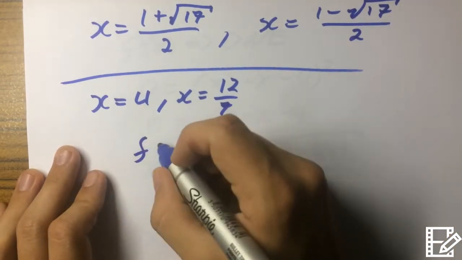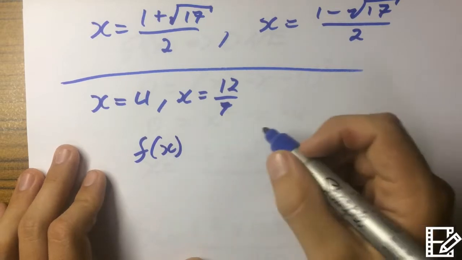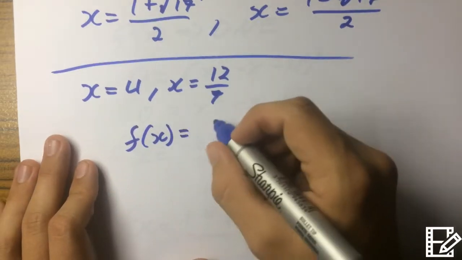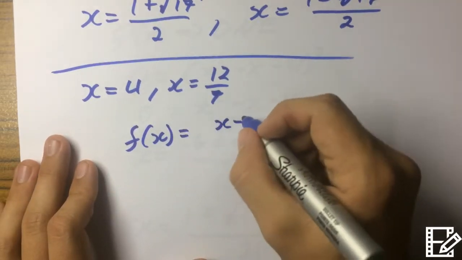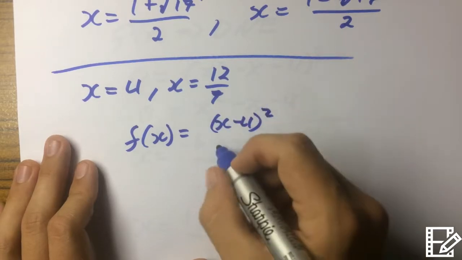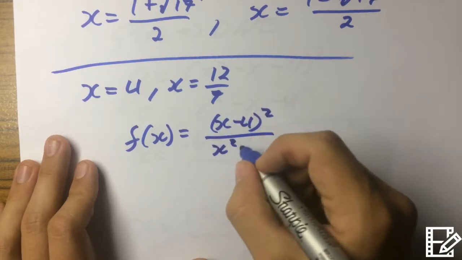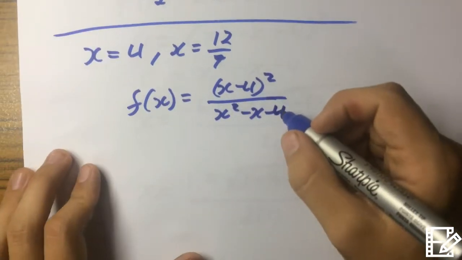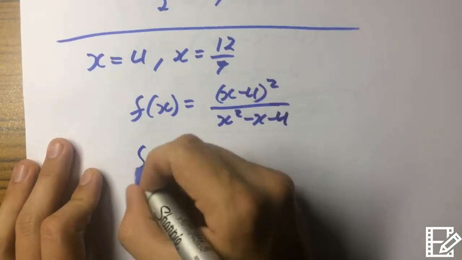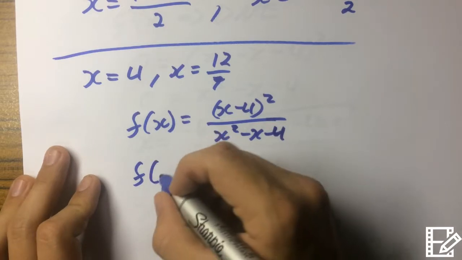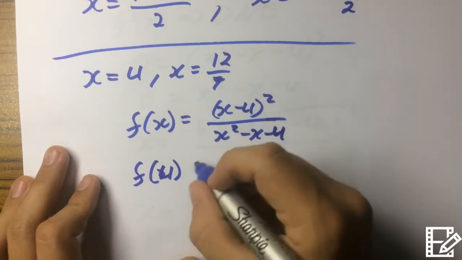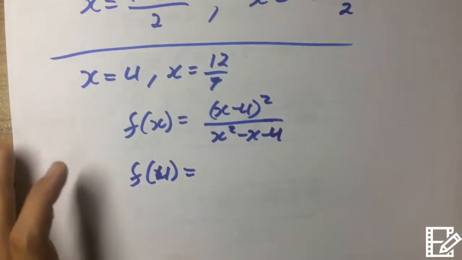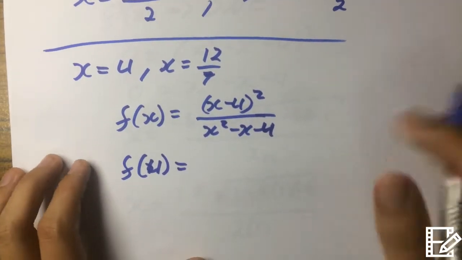But, so, we're going to sub them back into the original function. The original function we said was x minus 4 squared all over x squared minus x minus 4. Okay, so if we sub these back in, writing it out will take too long, so hopefully you can type it up in your calculator and prove it for yourself.